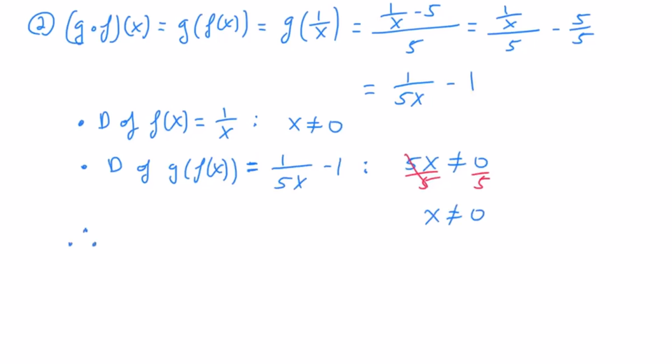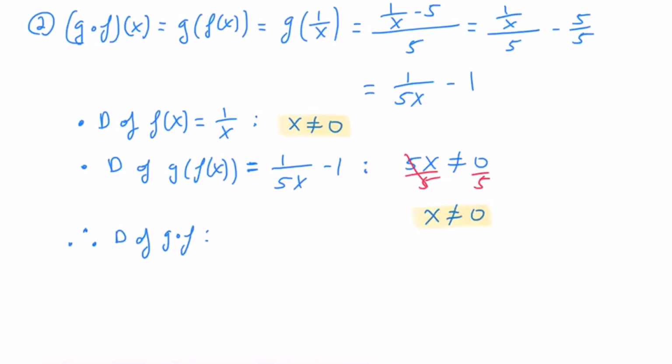So let's get the whole domain. The domain of g∘f is a combination of the first two steps. The first step, x cannot equal 0. The second step, we have the same restriction here, x cannot equal 0.